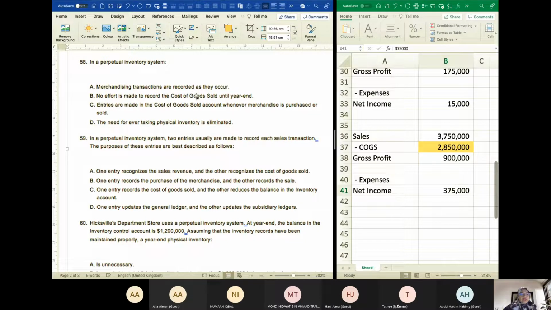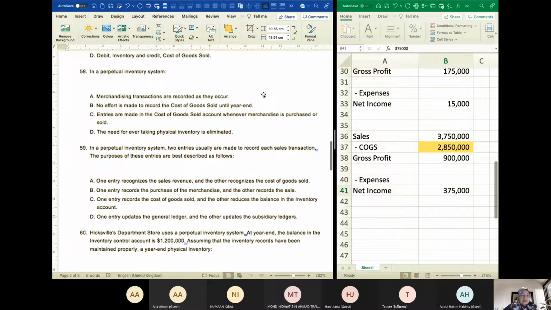Whenever there's a sale, for example, you will record COGS under perpetual. And then C, entries are made in the COGS whenever merchandise is purchased or sold. Right or wrong, this statement?